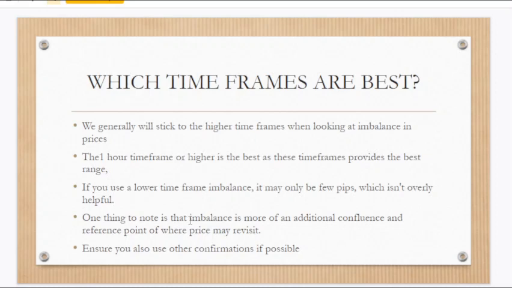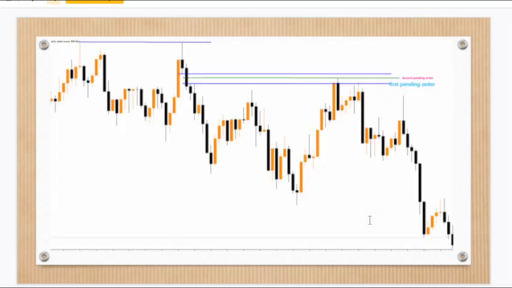One thing to note is that imbalance is more of an additional confluence and a reference point of where price may revisit. So mainly, you don't stick 100% only to imbalance. Make sure that you have other confirmations, like a trend line, something that is really supporting your imbalance. In this case, this one was a sure one.